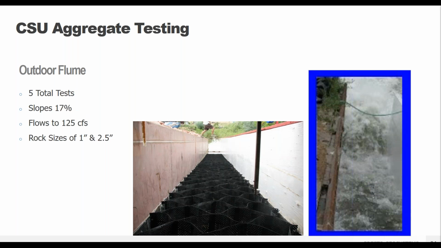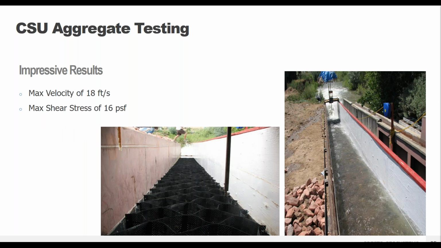We did this testing both indoors and outdoors, and looked to see how well the aggregates stayed in place during the tests. We wanted to see what conditions would prevent washout of the stone so that you wouldn't have to come back in and replace the stone, so it's going to be there consistently. And again, we got some pretty impressive results.